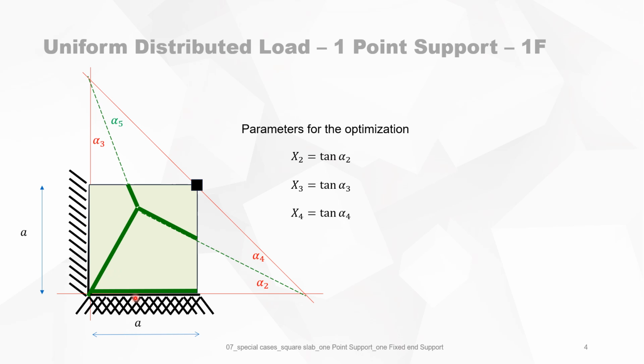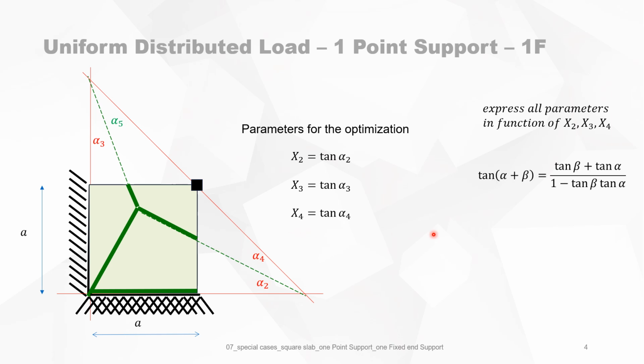So the angle here can also be expressed in function of the other 3. The goal is now to express all parameters in function of x2, x3, and x4. So we have 3 parameters to optimize the function.